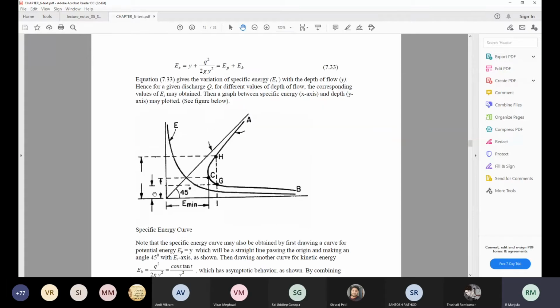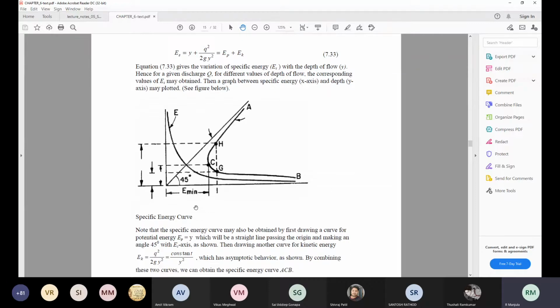Now if you plot this curve, this is your depth of flow and this is your specific energy. This represents your specific energy, total energy, this represents your potential energy, and this represents your kinetic energy.